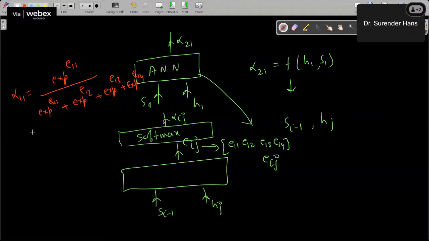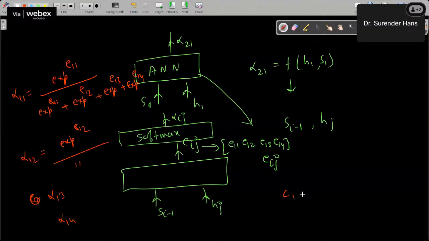And alpha 12 is exponential of e12 over the same denominator, and likewise alpha 13 and alpha 14. If I add all of alpha 11, alpha 12, alpha 13, alpha 14, I will get equal to 1.